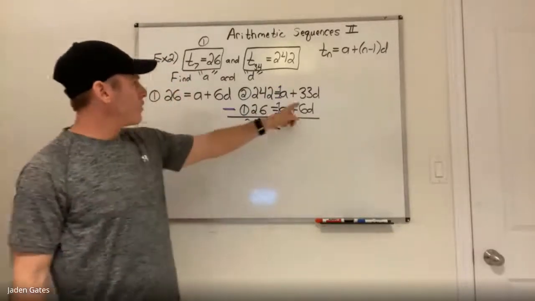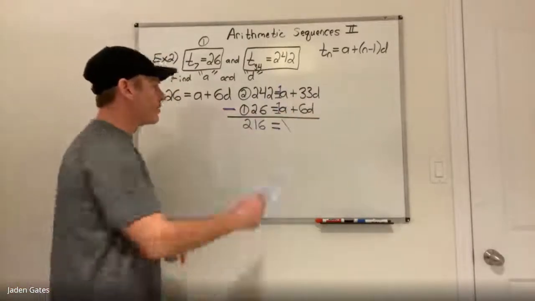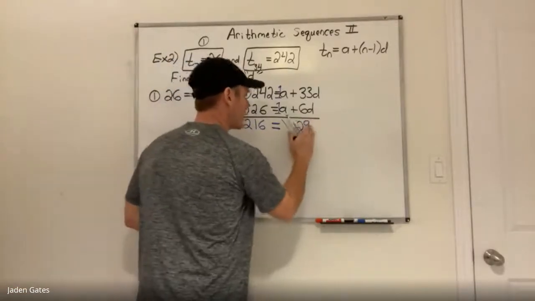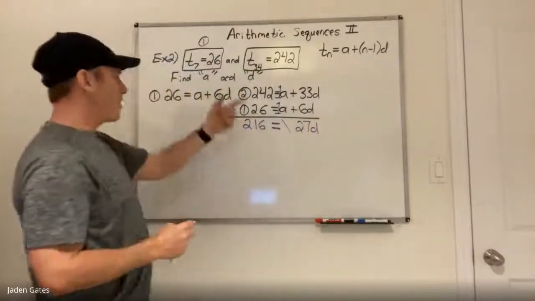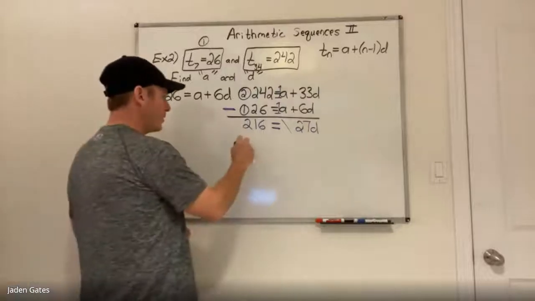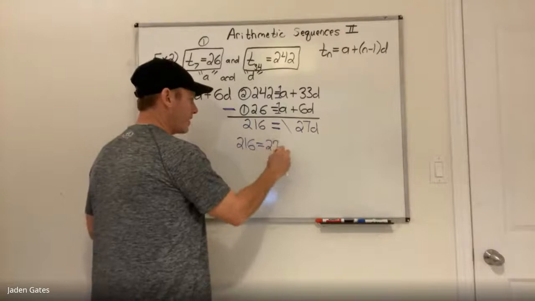All right, and then I go 33D minus 6D. I know that's going to be a positive 27D. Because I've done elimination now I'm down to one equation, one unknown. All right, so I have this 216 is equal to 27D.